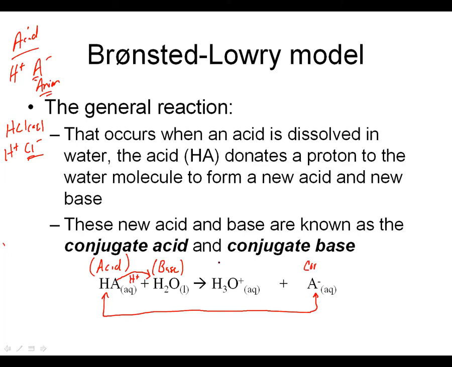While the base in this case, which is the water, has its partner on the other side, the H3O plus. It's a base on the left-hand side of the arrow, and its partner on the other side would be the conjugate acid.